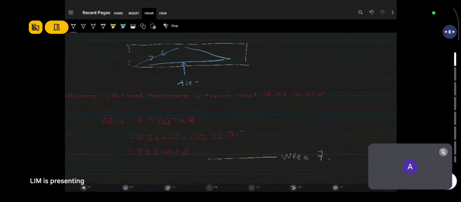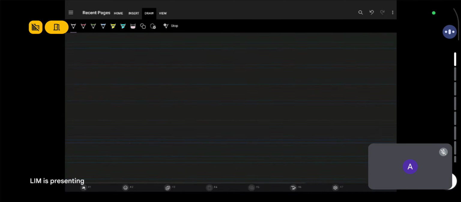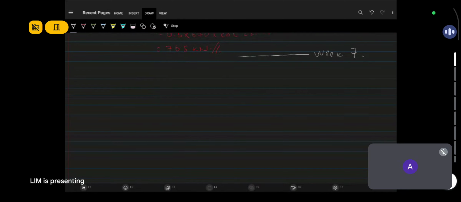Okay. Now, before we end the class, how are you getting on with the assignment? So let me guide you quickly. For the assignment, assuming you obtain the architectural plan. Let's say the architectural plan looks like this. What does the building look like?